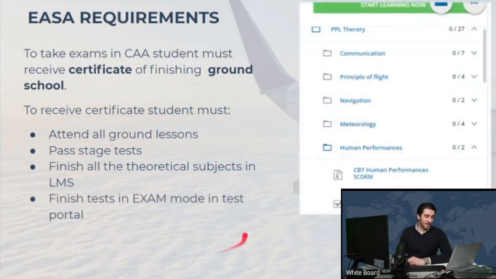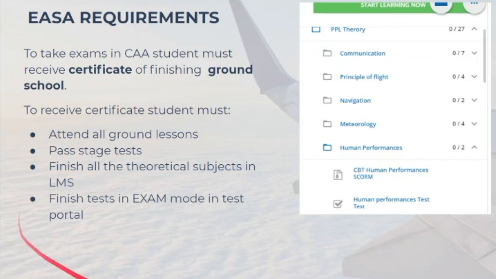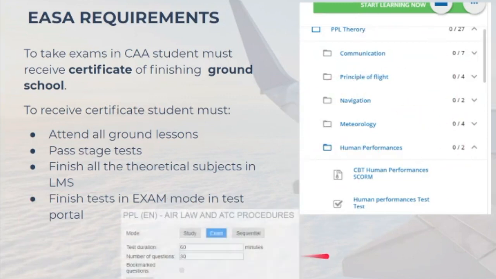Finish tests in exam mode in the test portal, okay? Now this picture is quite old, it's not very updated, but I will show you later how it looks, this is more recent. So toward the end of the lesson, we will go through everything you have to do to accomplish your goal, okay? And I will help you go through the learning management system, which is quite big, but very, very useful, guys.